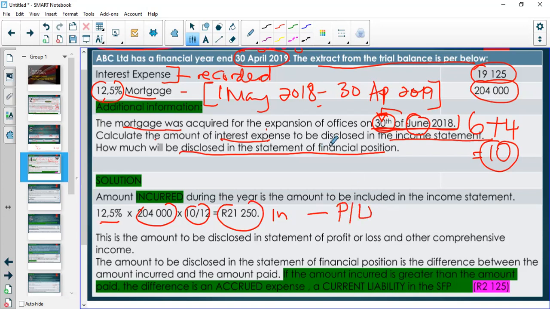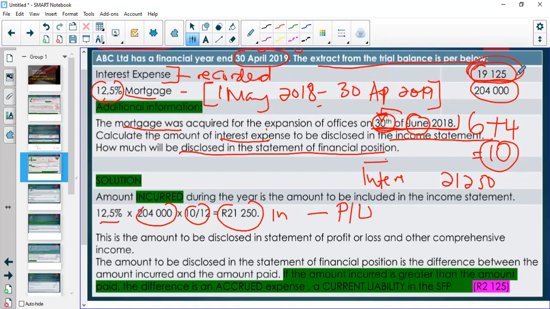All right. So if you are dealing with expenses, then under expenses, you say interest expense, or finance costs rather, then it's 21,250 and not this amount that was recorded. Okay.